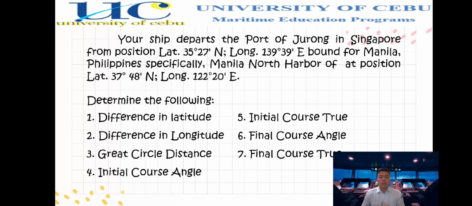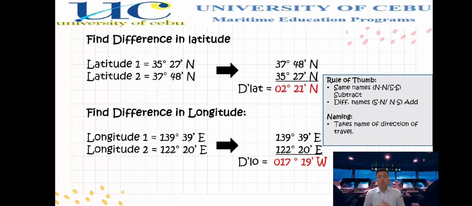Next slide. First and foremost, we will solve for the difference in latitude and the difference in longitude. First is the DLAT. Latitude 1, as in the problem, is 35 degrees 27 minutes north, and latitude 2 is 37 degrees 48 minutes north. Since latitude 2 is bigger, we subtract 37 degrees 48 minutes north minus 35 degrees 27 minutes north.